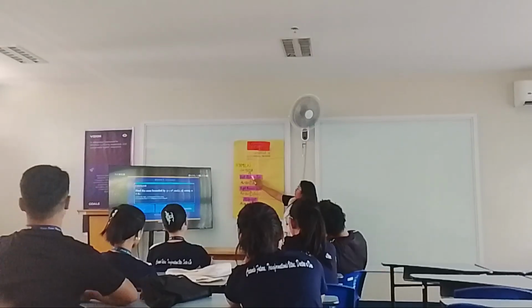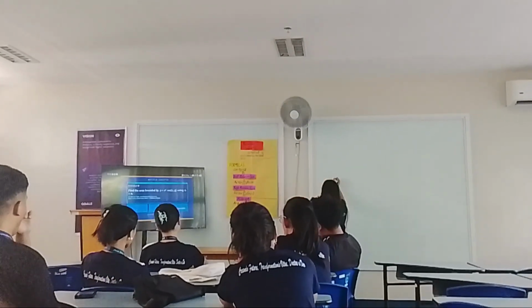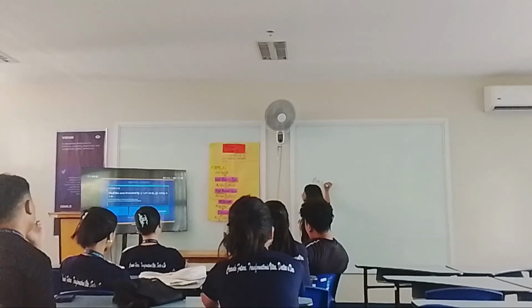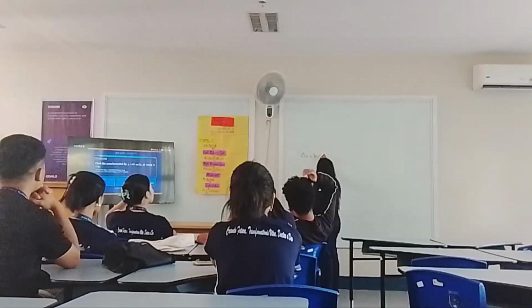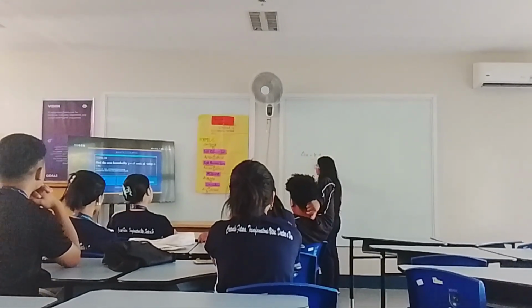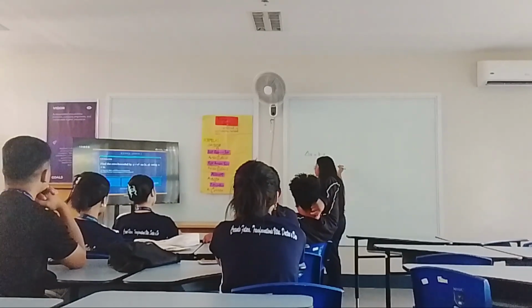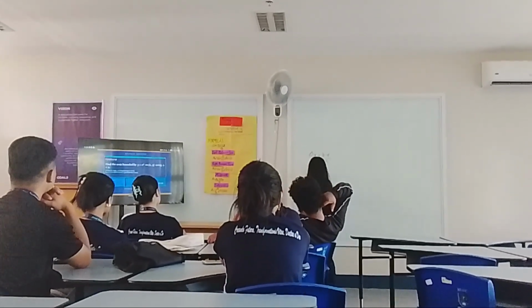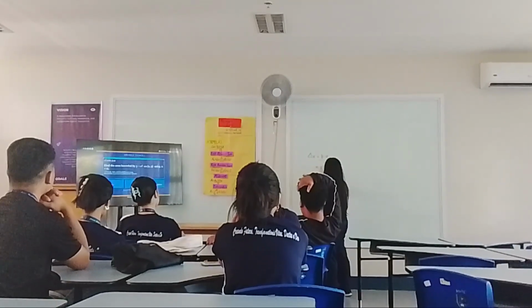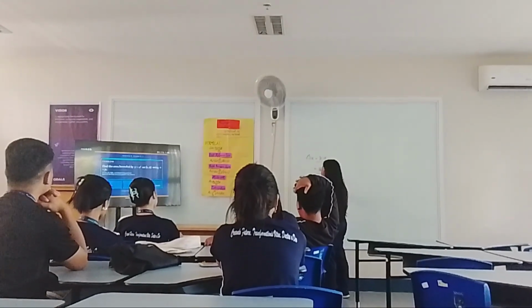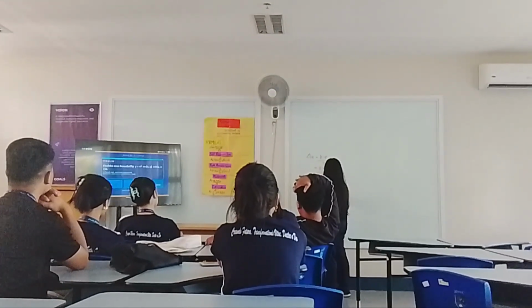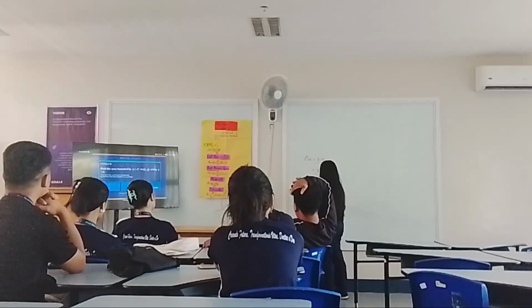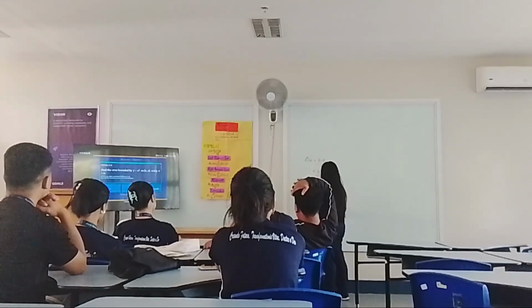So we will start with this one, class. We will find the delta x. Delta x is b minus a over n. So our interval is 1 to 3, so our b is 3 minus 1, and our n is 2. So our delta x will be 1.